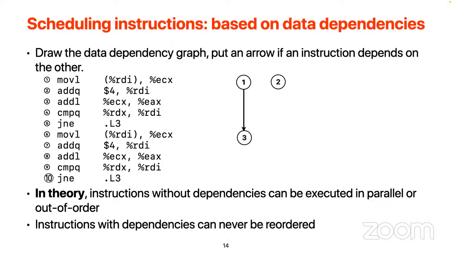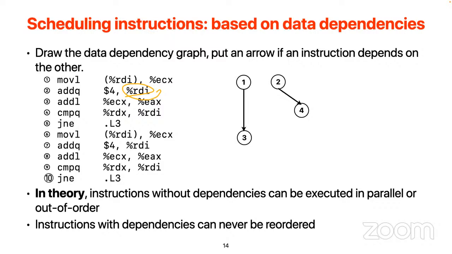So look at 4, compare RDX and RDI. Does this instruction have dependency with anyone here? 2, because 2 is actually modifying RDI. So there is an arrow between 2 and 4.